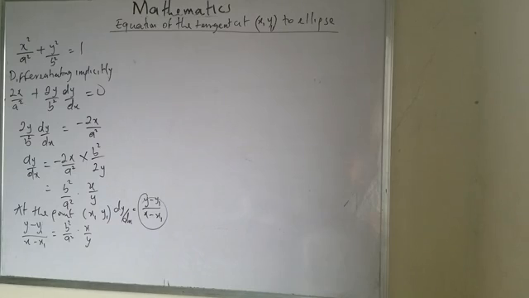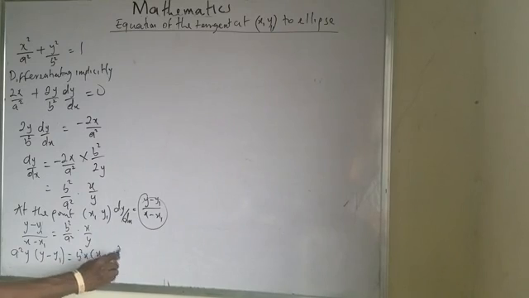Now, with what I'm having here, a squared y times (y minus y1) equals minus b squared x times (x minus x1).